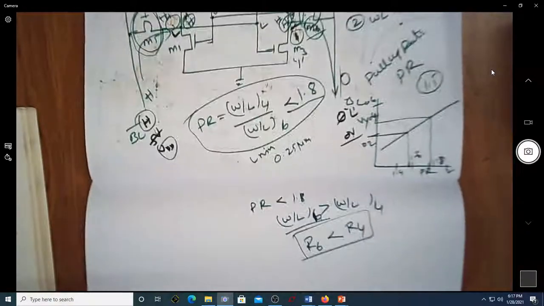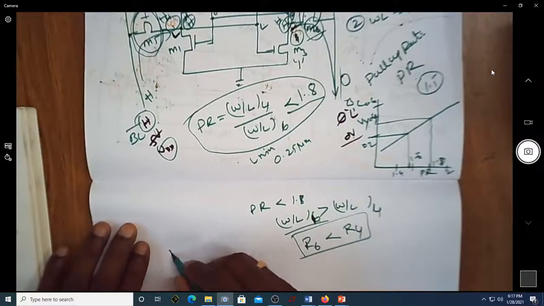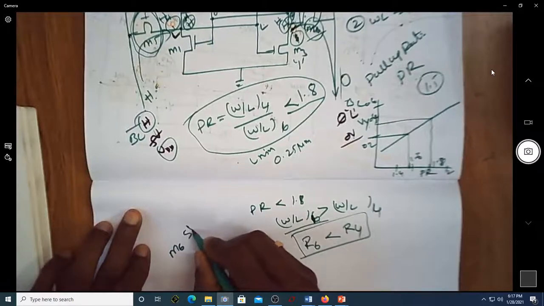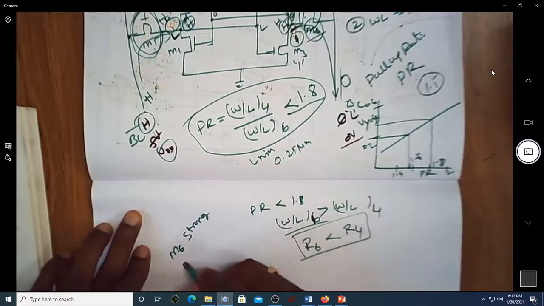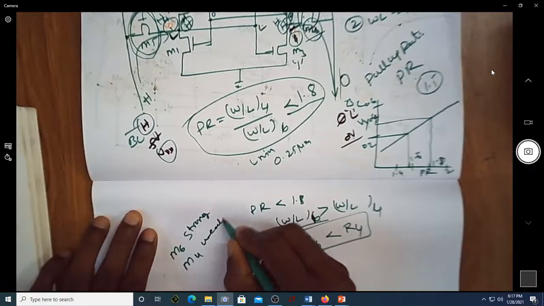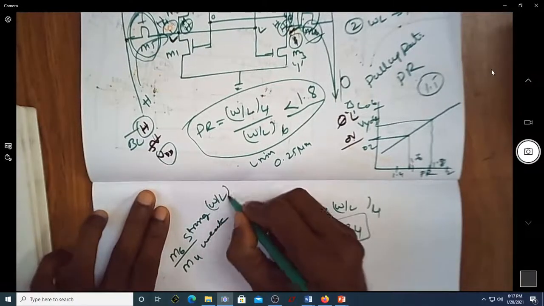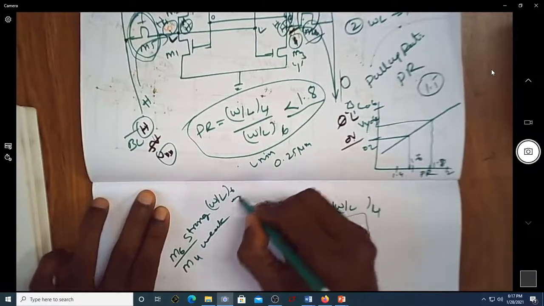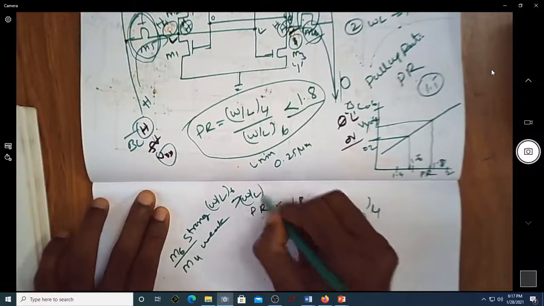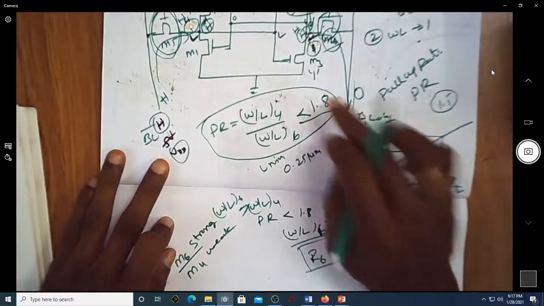So for a proper write operation, M6 should be strong compared to M4. M4 should be the weak one. So how do you make M6 stronger? Make W by L of 6 stronger compared to W by L of 4, so that you always get a value less than 1.8.